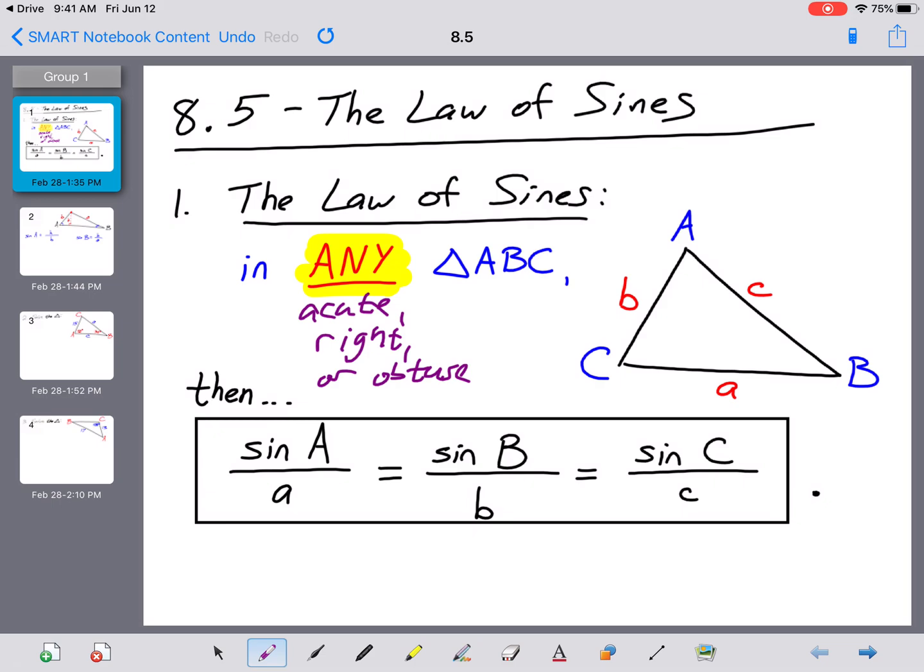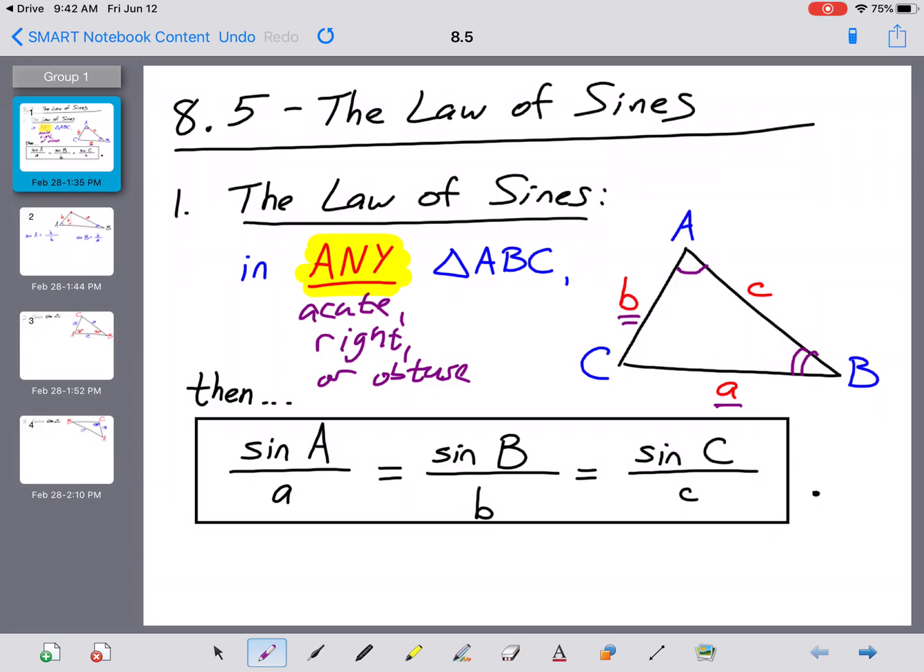Now, the law of sines is an equation that says that in any triangle ABC, if you take the sine of one angle, like for example this angle up here is labeled angle A, and then divide the sine of that angle by the length of its opposite side, which we denote as little a, that ratio is going to be equal to the ratio of taking the sine of a second angle and dividing the sine of that angle by its opposite side, which is b.